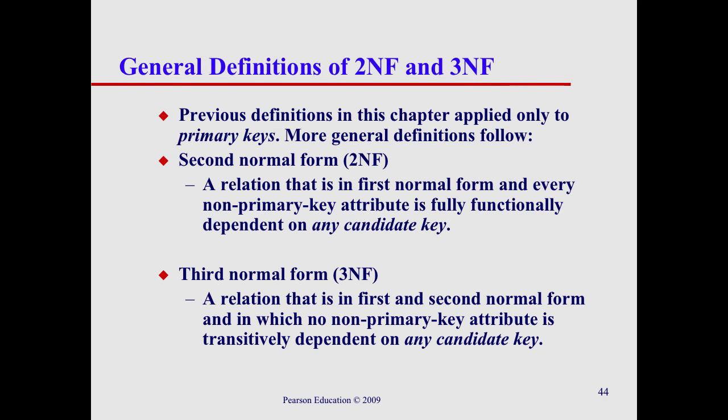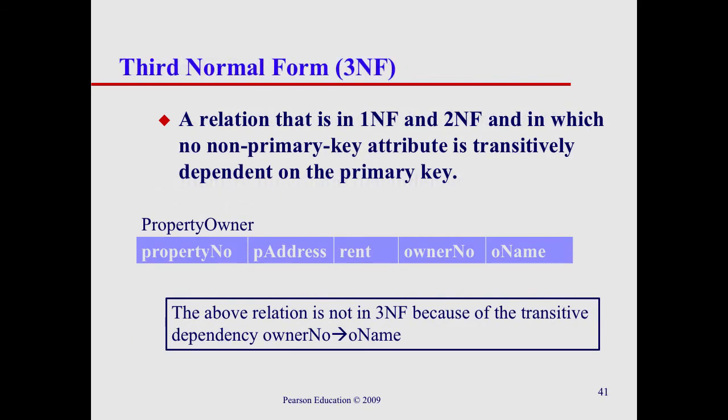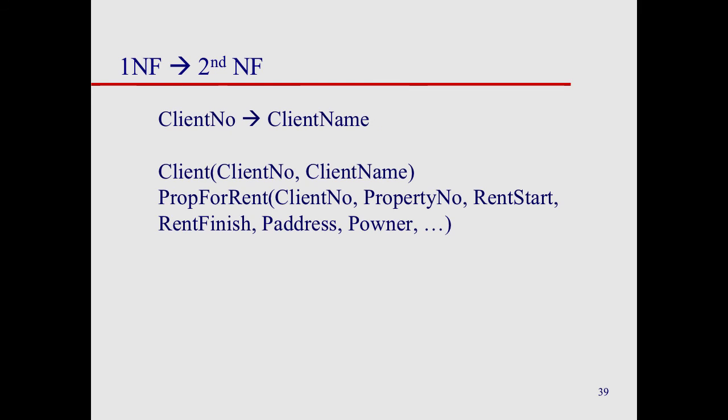And in fact, what I just did shows you the distinction. I'm not going to hold you to knowing this, but when I was done, if I chose that client number and the rent start as my primary key, when I was done with the extracting the client number, based on primary key alone, this was in second normal form.